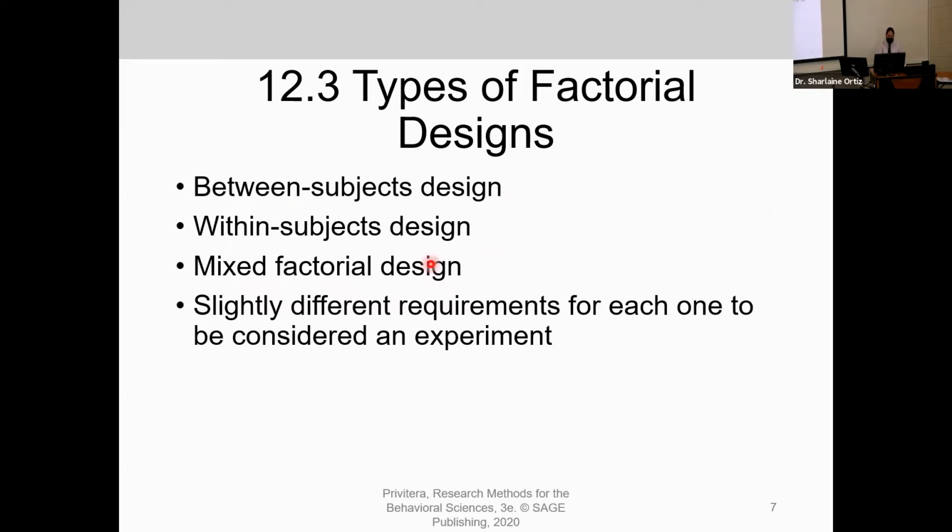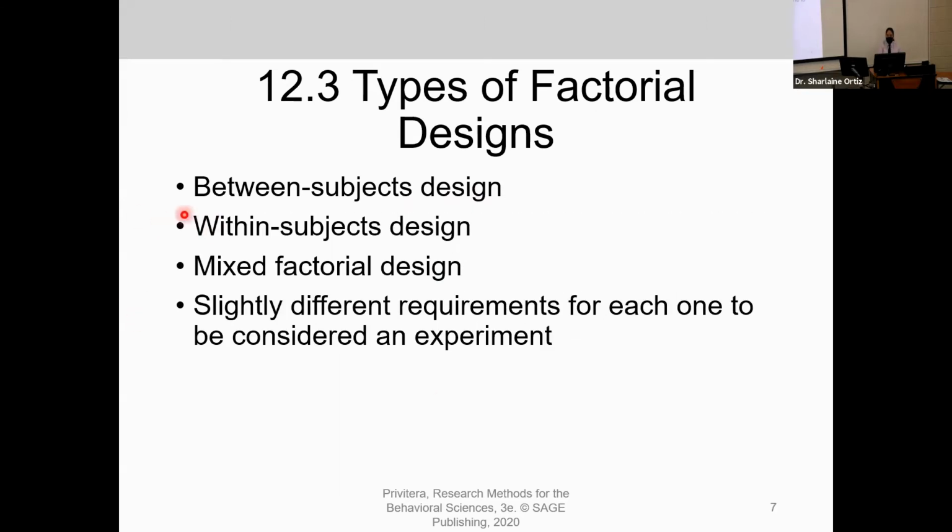I do want to remind you that because they are indeed different designs, there are slightly different requirements in order for each to be considered experimental. So let's look at the characteristics of each individual group.